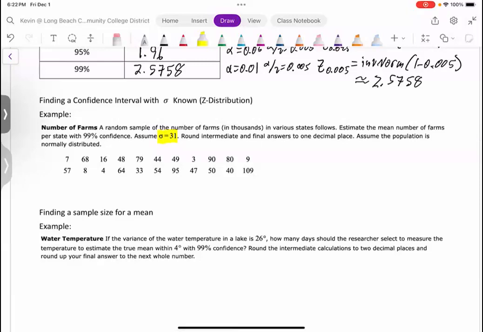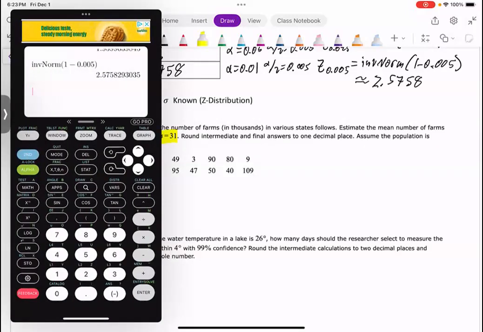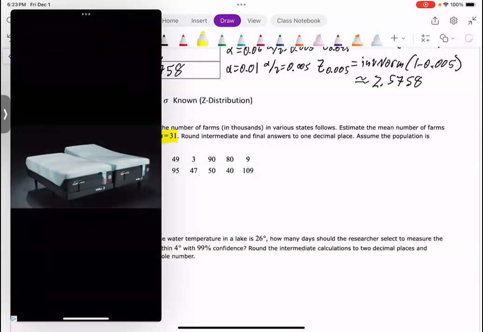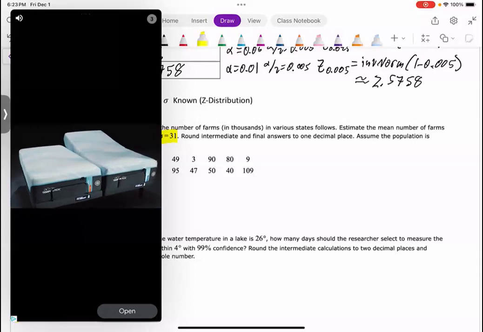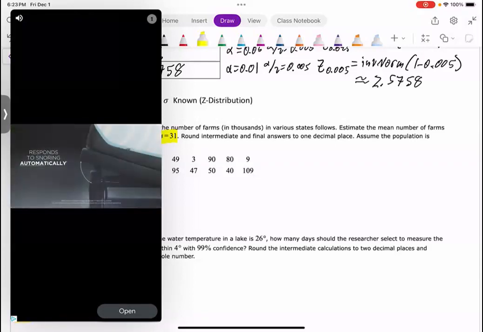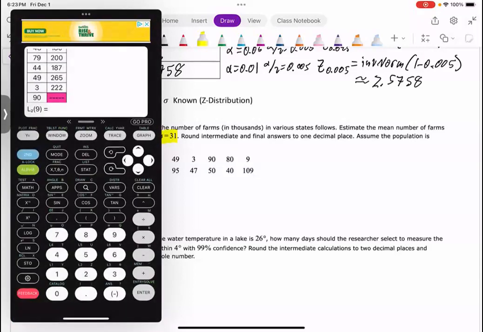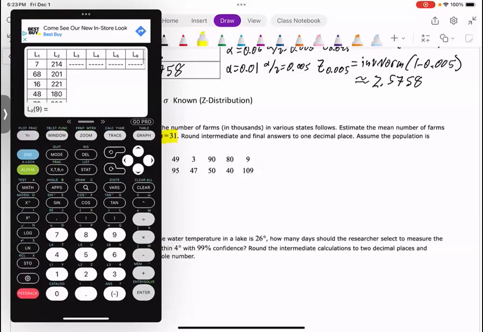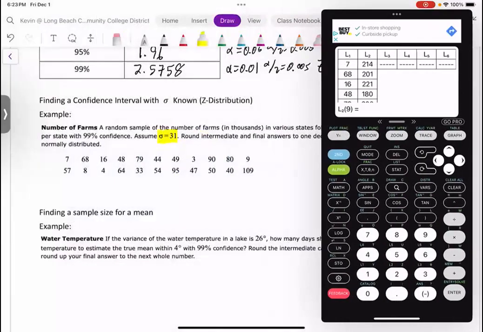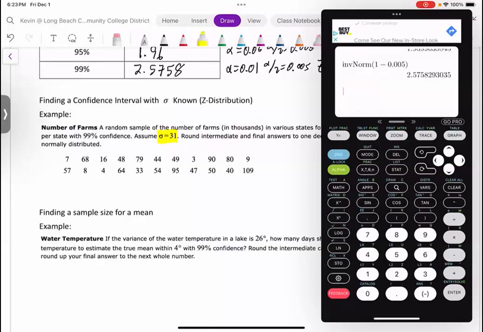Now, what I'm going to do is I'm going to have you put in your calculator into list 1 the data. Now you'll notice my list 1 is this list here, 7, the 68, the 16, and so on. So you may need to pause the video to put the data into your calculator so that we can work this.